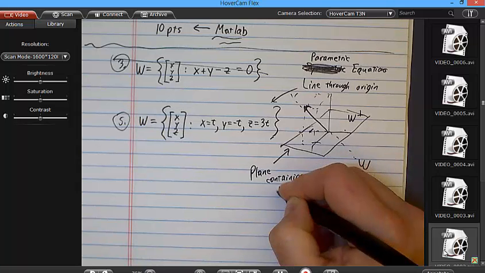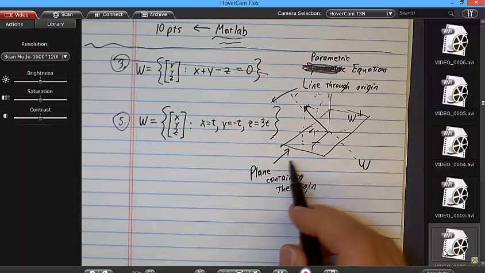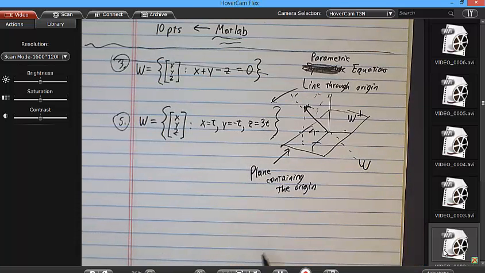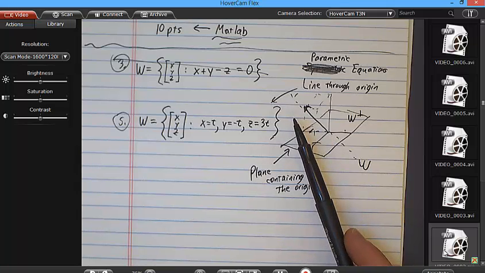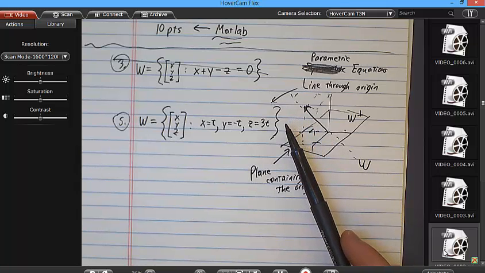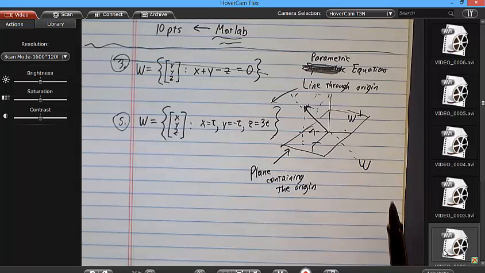And I remember learning in Calc 2, or maybe it was Calc 3, yeah, Calc 3, that if I have a plane containing the origin, the vector that pops out of the plane and is perpendicular to it is called? What kind of vector? Rhymes with cormal? Normal. Yeah. So that's the normal vector.